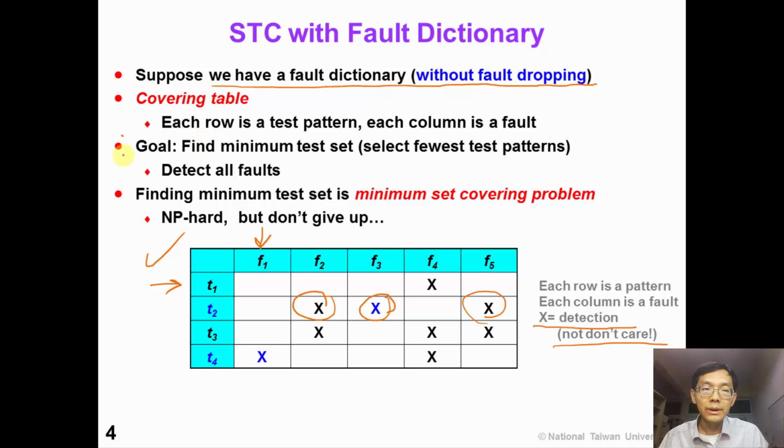The goal of static test pattern compression is to find a set of minimum test patterns to detect all the faults. This is equivalent to a minimum set covering problem, which has been shown to be NP hard. But don't give up. There are still good algorithms to solve this problem.